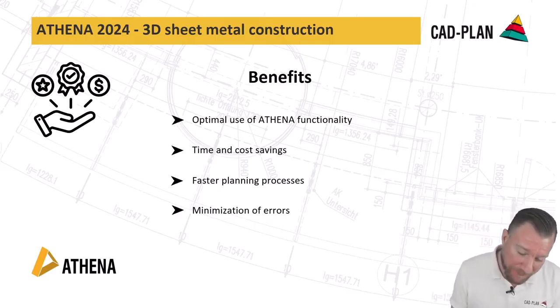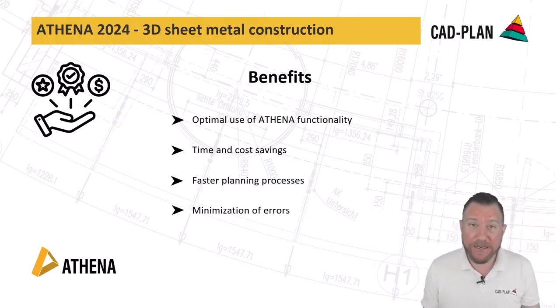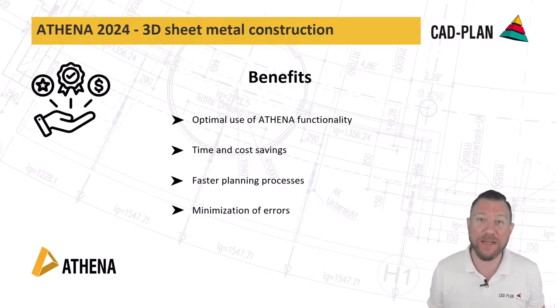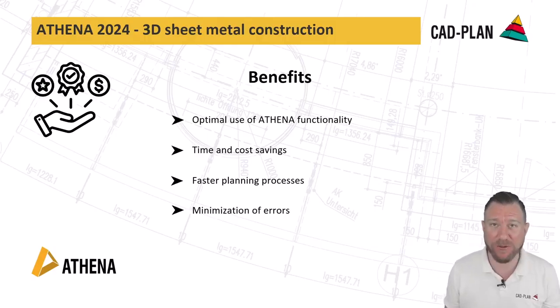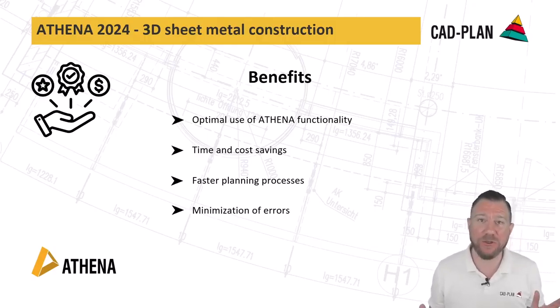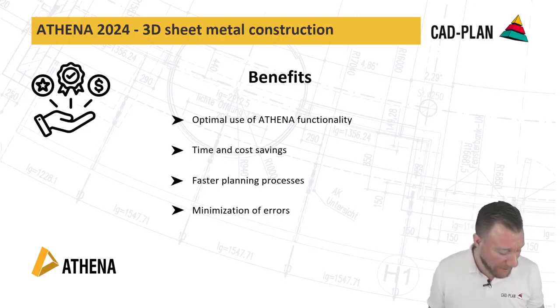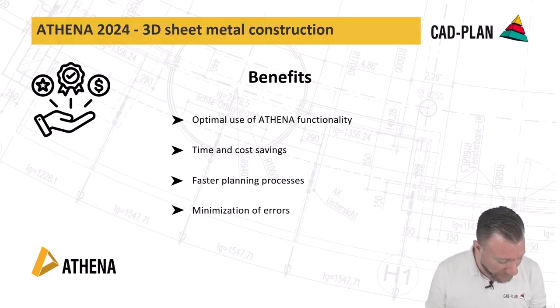So your benefits: optimal use of ATHENA functionality, time and cost savings, faster planning processes because of the 3D ATHENA technology, and minimization of errors because you have the possibility to create part lists, single part drawings and manufacturing files. And then I will start the ATHENA presentation.